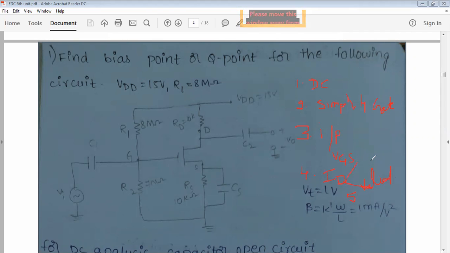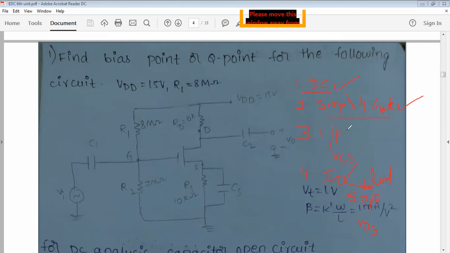Then based on VGS greater than VT, find out the corresponding current. Then finally apply KVL to output loop. Find VDS. This is the procedure. Right? Once again, first one is draw the DC equivalent circuit. Simplify the gate network.